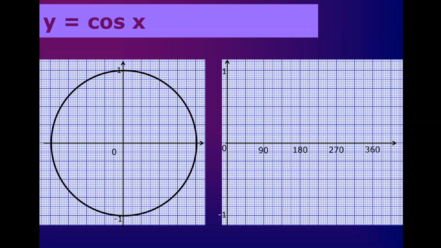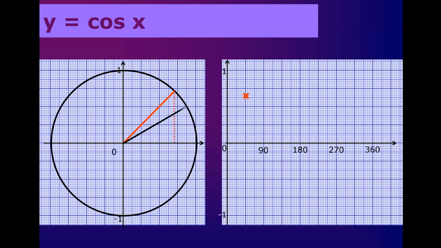Right, so let's see what it actually looks like when we draw it out. Again, you can do cosine of 45 on your calculator, which gives you root 2 over 2, 0.707, which is exactly the same value as sine of 45, and you'll see why in a minute.